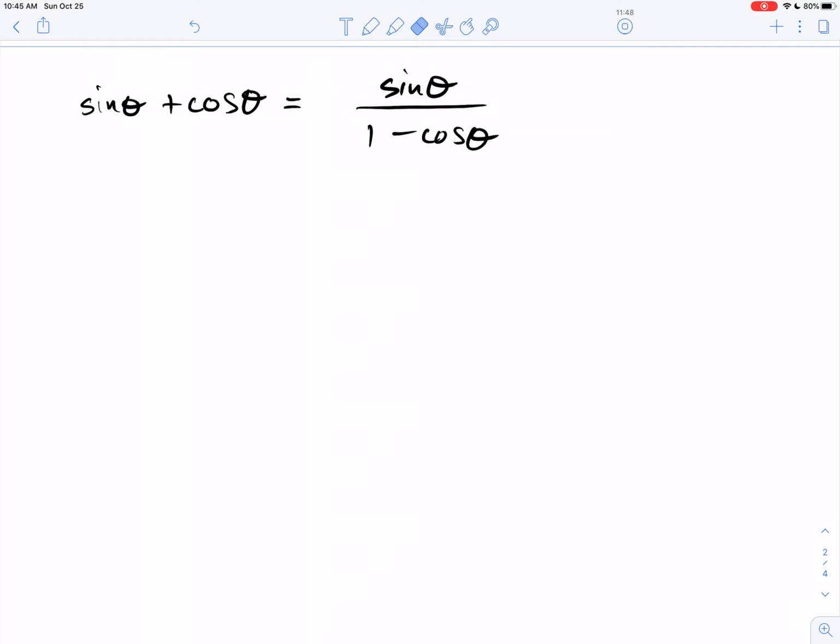Oh my God, that would have been a big nightmare. Cotangent theta plus cosine theta over 1 minus tangent theta.